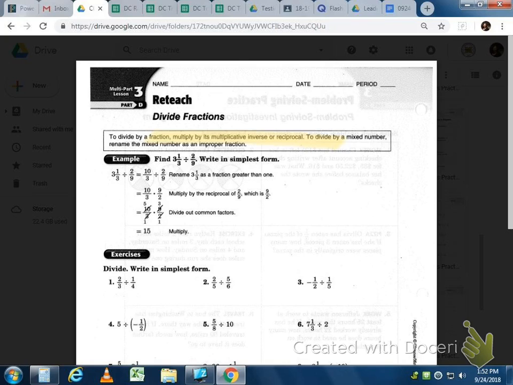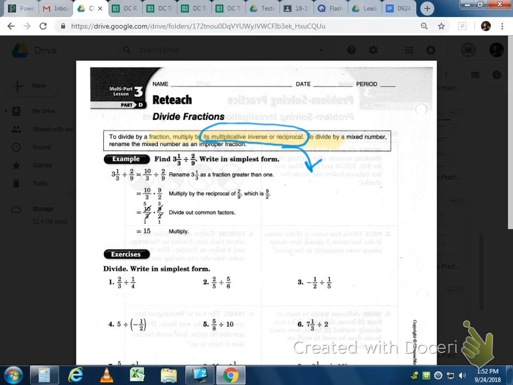So basically, division isn't really division, it's multiplication. You're doing what we just did in the other lesson. We just need to talk about multiplicative inverse for a minute though. Multiplicative inverse and reciprocal are the same thing.